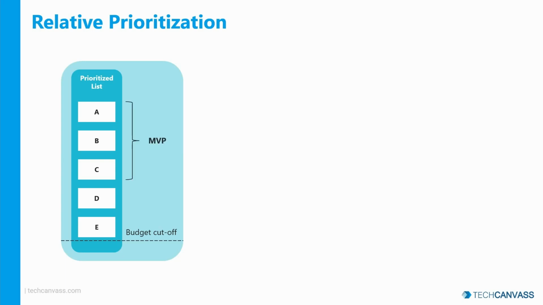Now, you can define the MVP based on what you need. If the features A, B, and C are good enough to provide minimum useful functionality to the customer, we can together group them as minimum viable product. Now, how does the relative prioritization come into play?